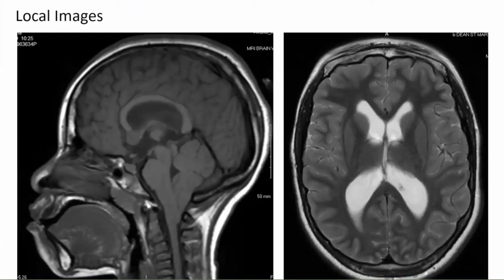Okay. Maybe we'll address that in just a bit. What do you see on the axial view? I should say 1.5. Looks like she's got some enlarged ventricles as well. Larger than I expect for age. Right. So you're absolutely right.